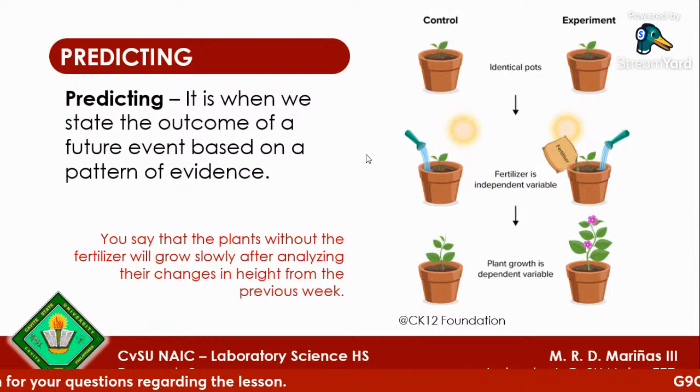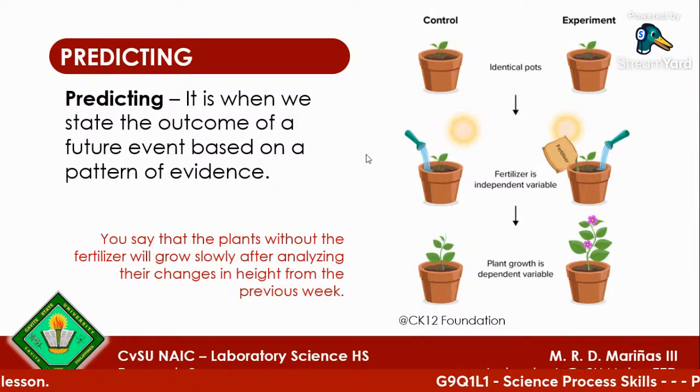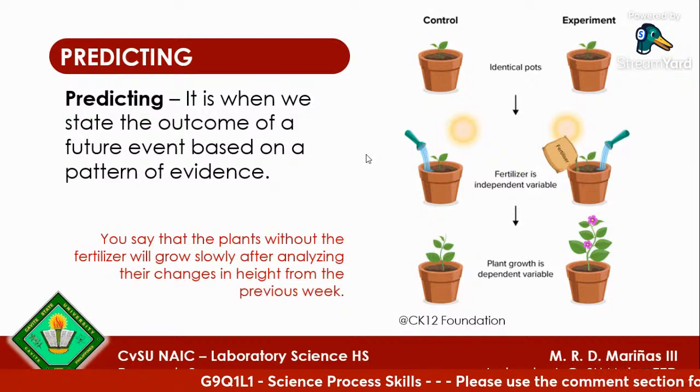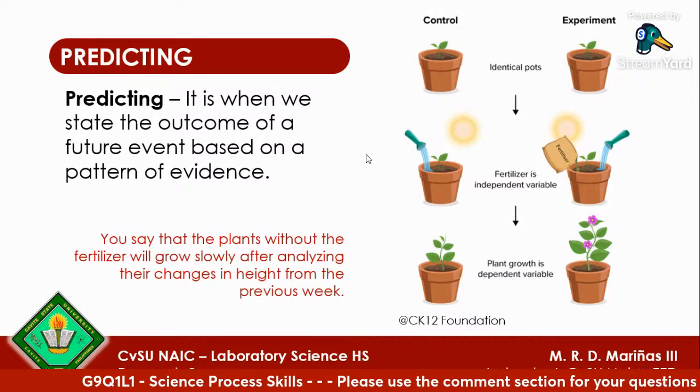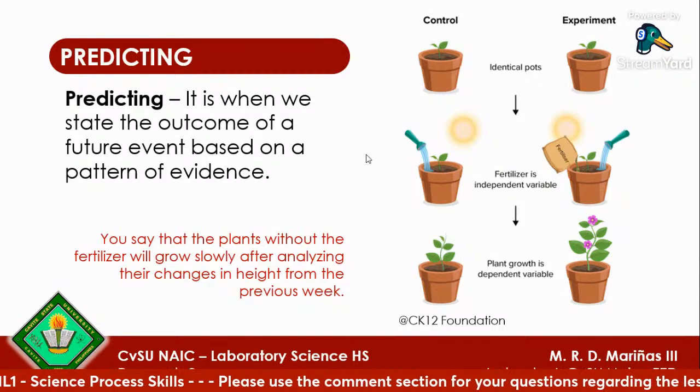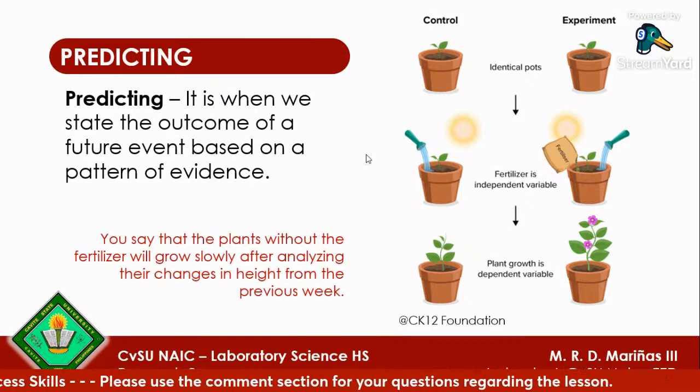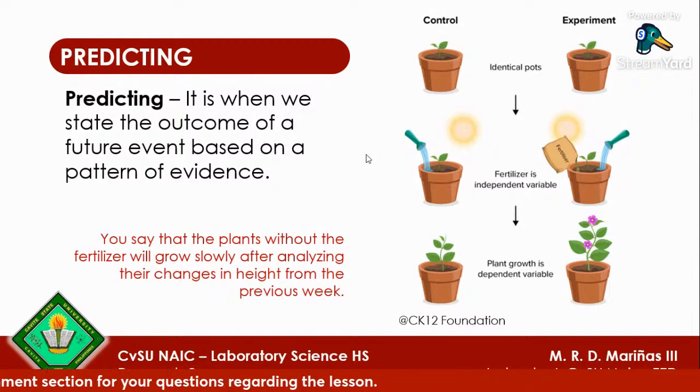That's predicting or prediction. We are stating, sinasabi natin yung pwedeng mangyari sa hinaharap base sa pattern ng evidence. Yung inference, we are actually making an educated guess based from the evidence we have gathered. Okay? So, I hope you see the difference between inference and prediction.